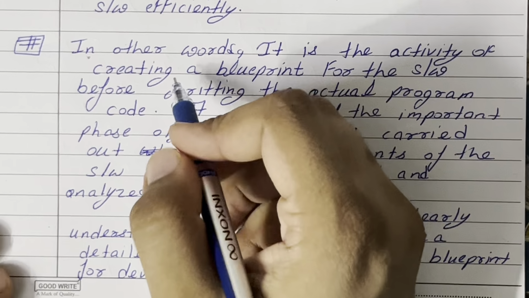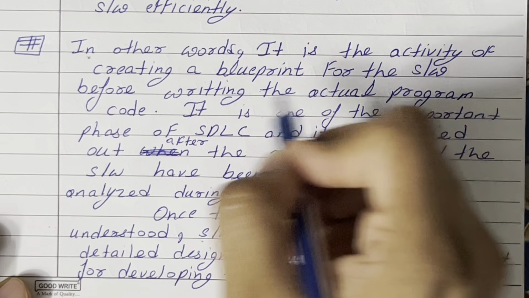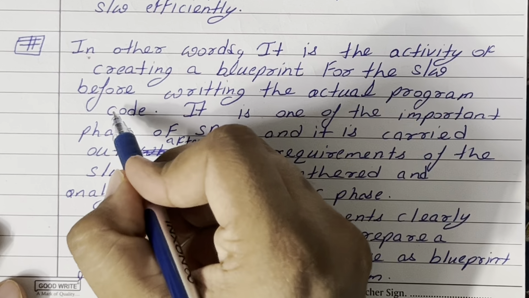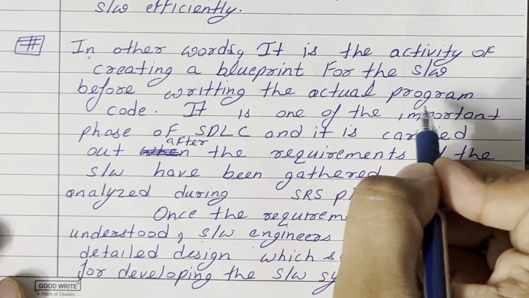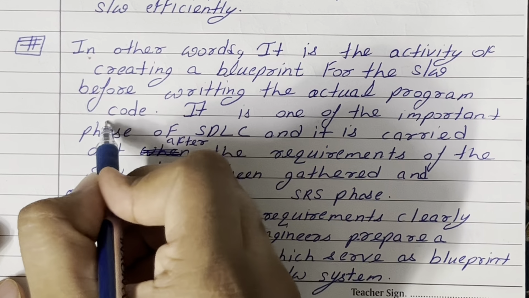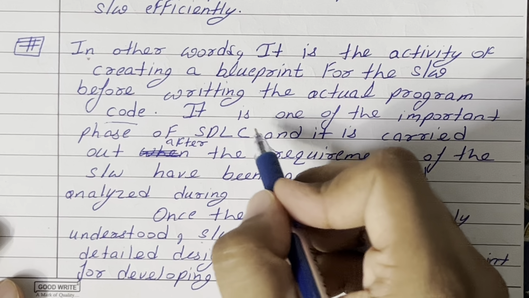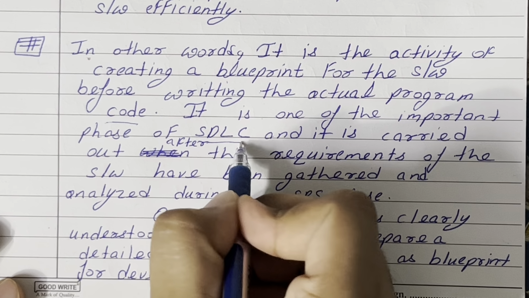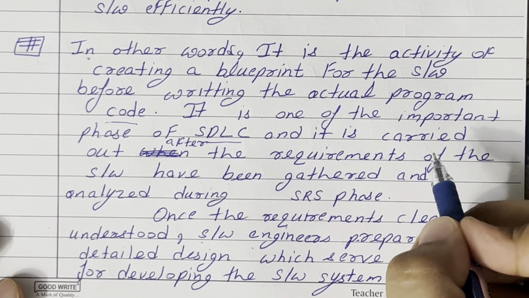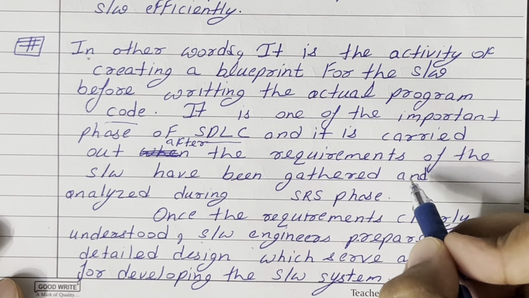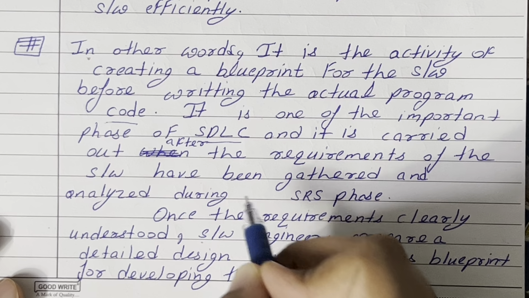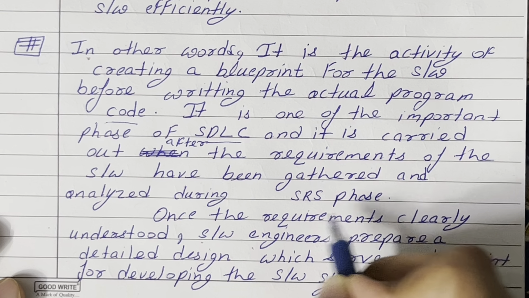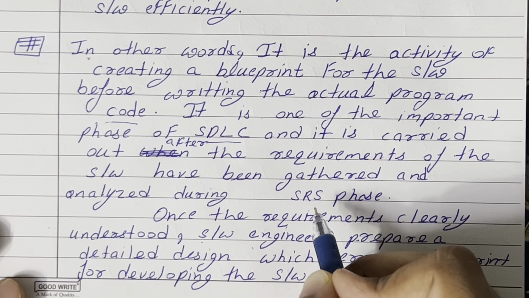So I was saying it is the activity of creating a blueprint for the software before writing the actual program code, and it is one of the important phases of SDLC, and it is carried out after the requirements of the software have been gathered and analyzed during the SRS phase, which stands for software requirement specification.